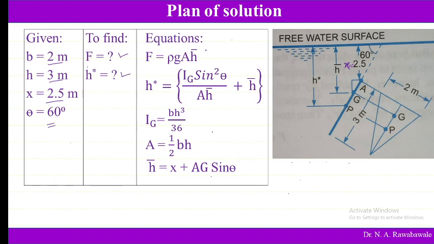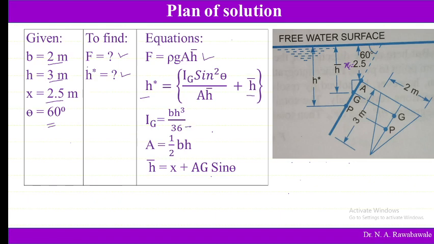To find that, we use F is equal to rho g a h bar, and H star is equal to Ig sin square theta divided by a h bar plus h bar. For the triangular plane, the moment of inertia about the line passing through the center of gravity is given by b h cube divided by 36.